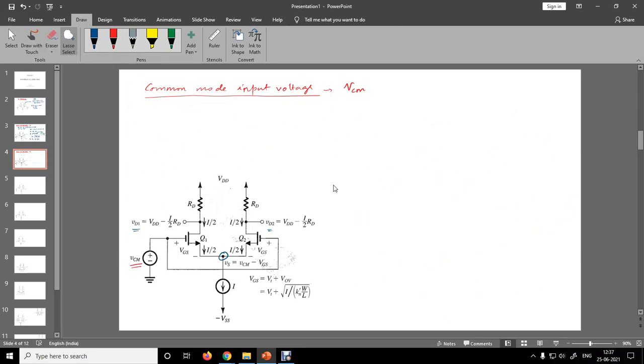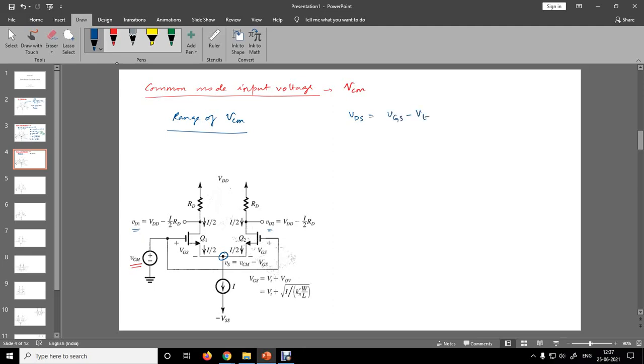Now we look at the range of VCM. The limiting condition for both these MOSFETs to be in saturation is VDS equal to VGS minus VT.